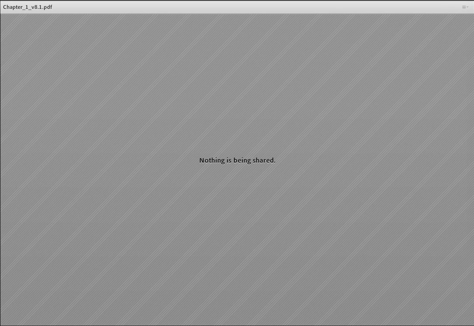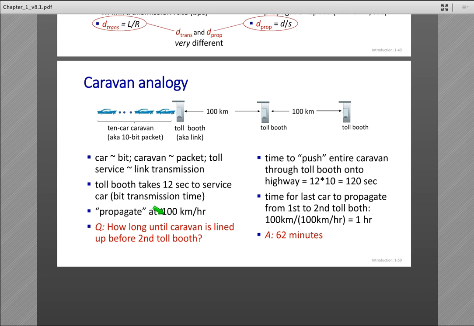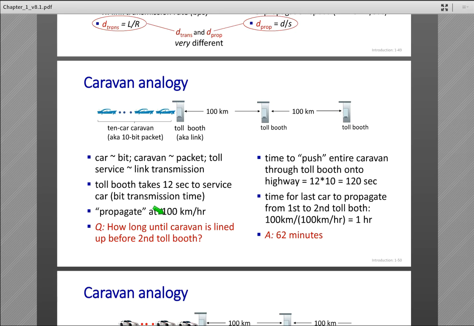The end time is the time that the last car in caravan exits from the second gateway. Okay, how long it will take from us?